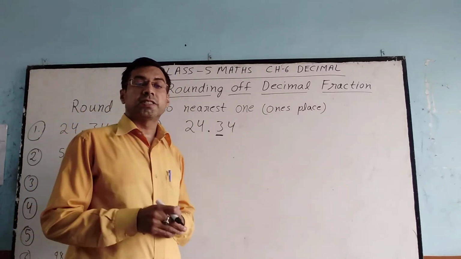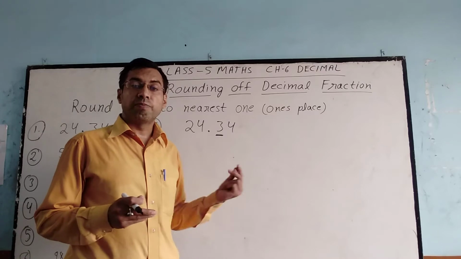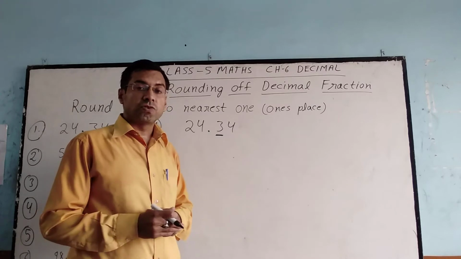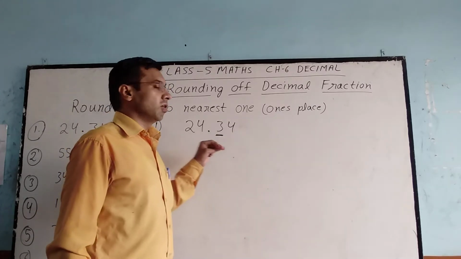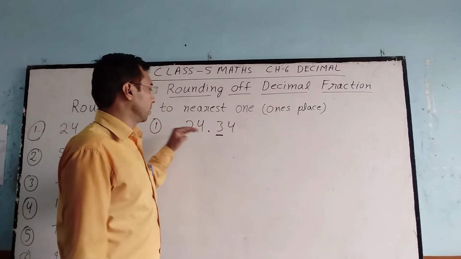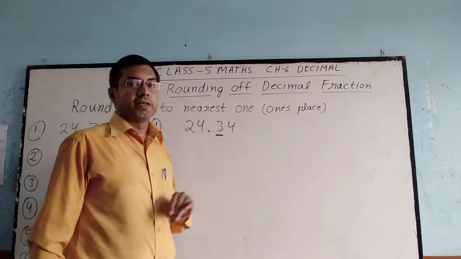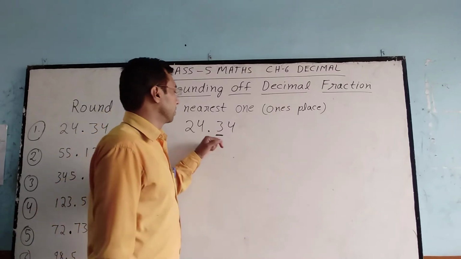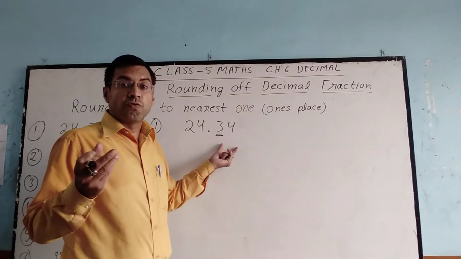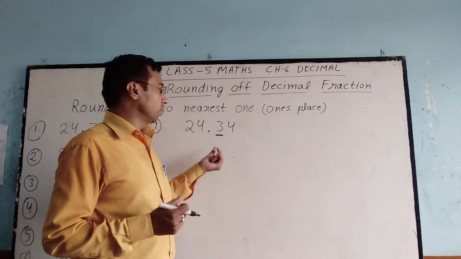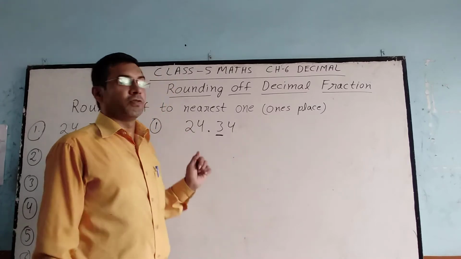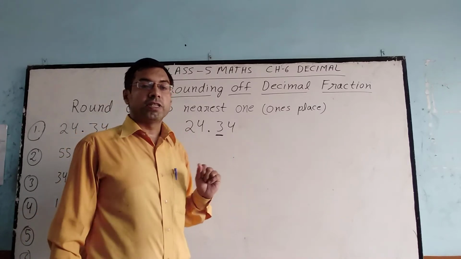If the 10th place digit is less than 5, we make all the decimal places 0 and there is no change in the whole number written before the decimal. If the digit at the 10th place is equal to 5 or greater than 5, then we make all the decimal places 0 and we add 1 in the ones place digit. In this way we round off.